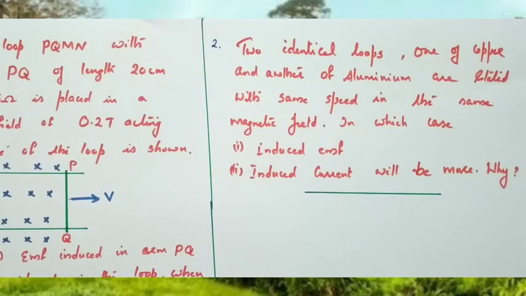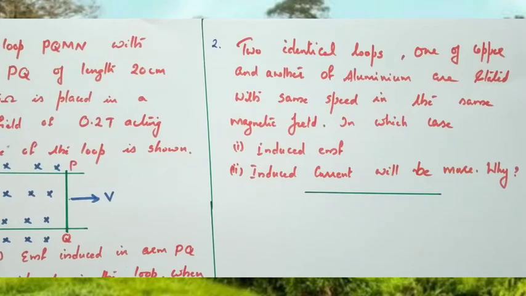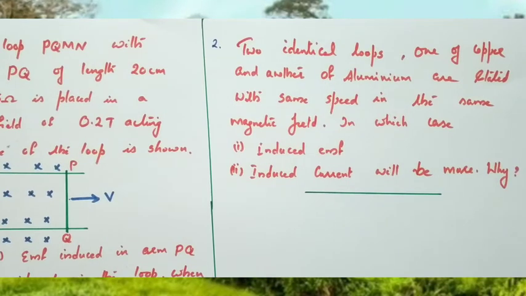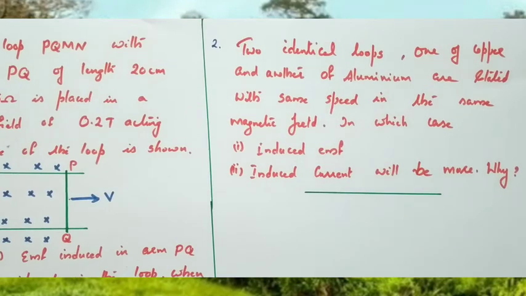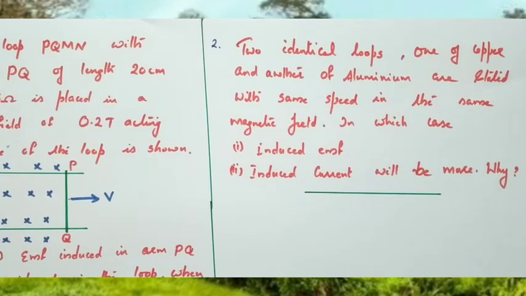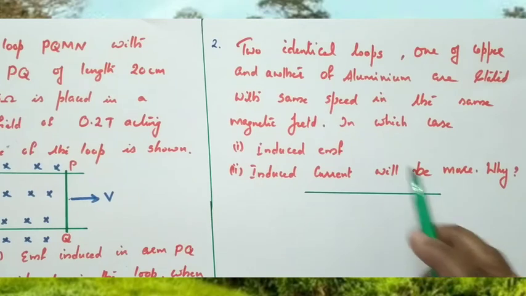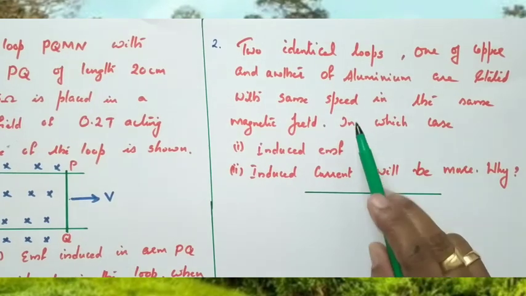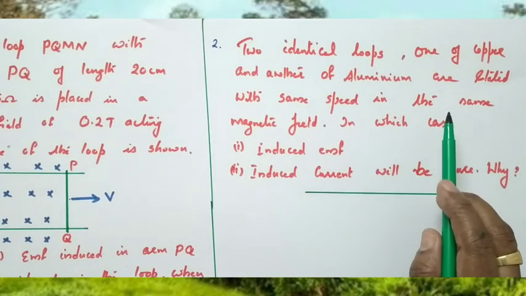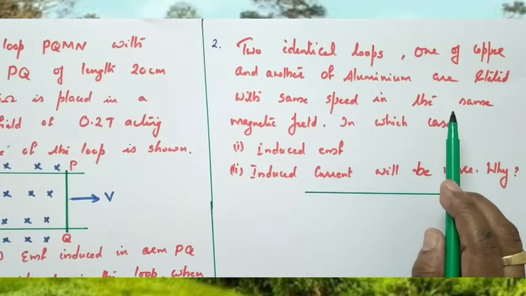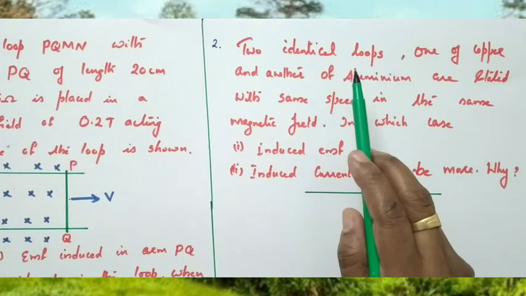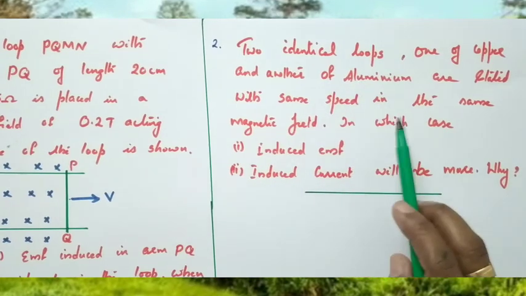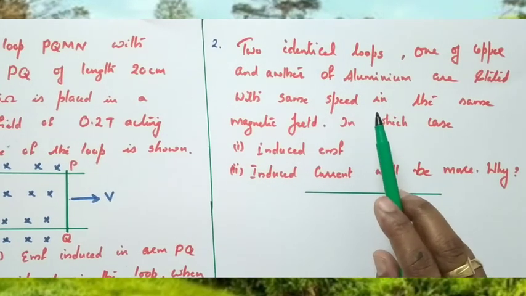Two identical loops, one of copper and the other of aluminium, are rotated with the same speed in the same magnetic field. In which case will the induced EMF and induced current be more, and why? We have motional EMF equal to BLV. The magnetic field remains the same, the loops are identical so the length is the same, and they move with the same speed so the velocity is the same.